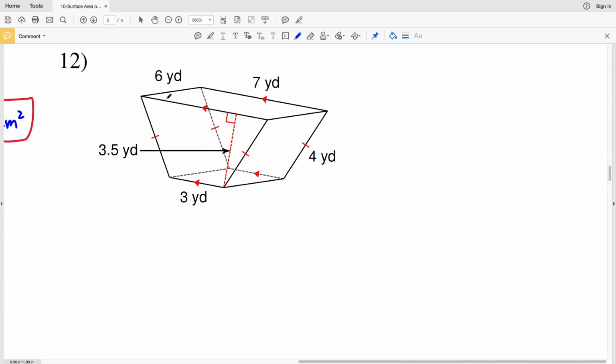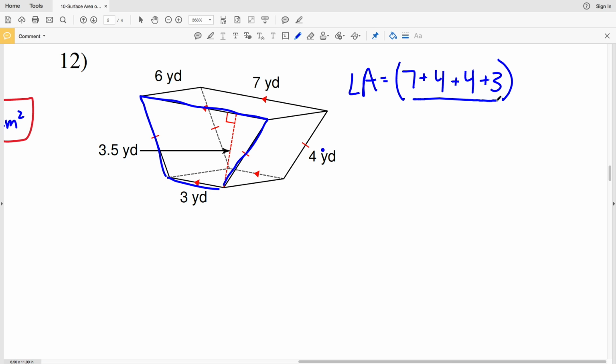In number 12, for lateral area, we're going to have to calculate the perimeter, which is the sum of each of the sides of that trapezoid within the trapezoidal prism. So one base of the trapezoid is 7 yards, so that's 7 plus the sides are congruent and one side length is 4. However, there's 2 of them, so we'll do 4 plus 4, and then we're going to add the other base of that trapezoid, which is 3.